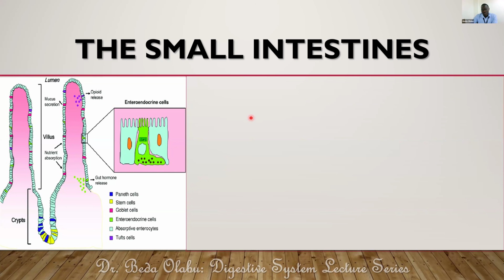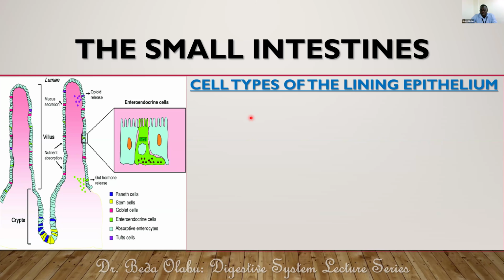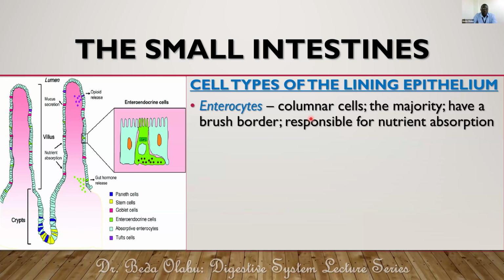So the mucosa of the small intestine is lined by simple columnar epithelium, just like most parts of the GIT. There are different cell types on that epithelium, and these cells have different functions. For example, we have the enterocytes. The enterocytes are the majority of the cells that line the epithelium of the small intestines.